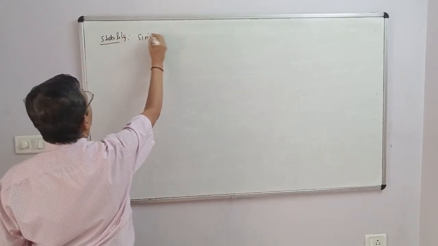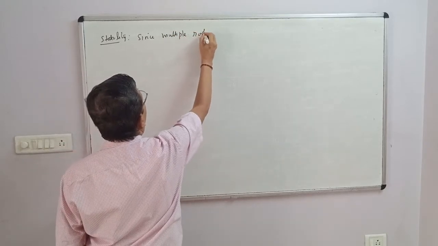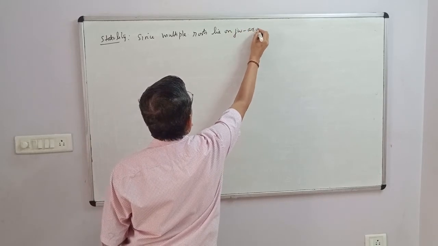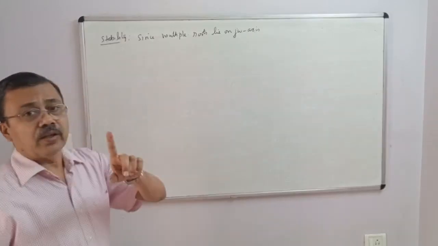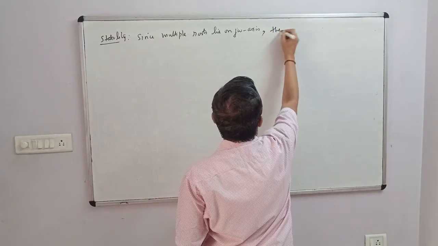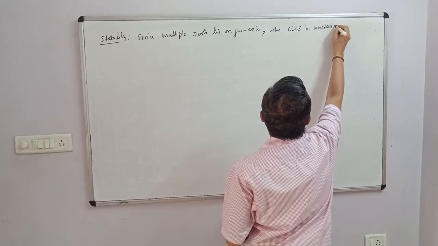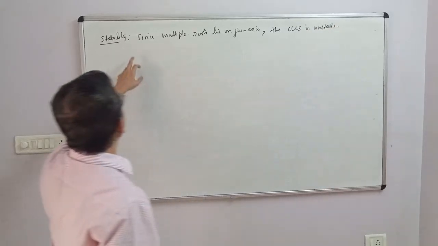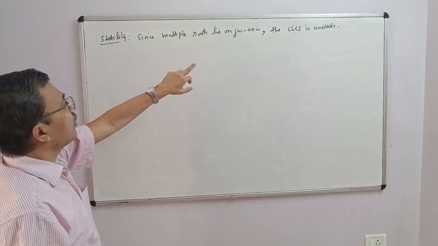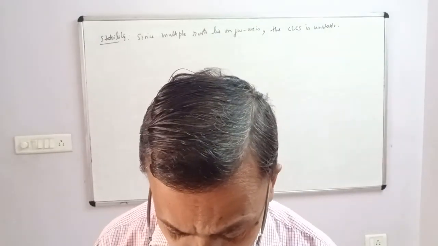Since multiple roots lie on j omega axis, that means at one location there is more than one root. Multiple roots lie on j omega axis, the closed loop control system is unstable. This aspect, stability, we are answering. We shall go to next problem.